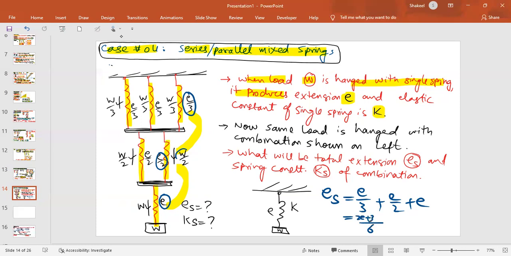So it is 2E plus 3E plus 6E over 6, which is 11E by 6, the total extension. And for the spring constant, you know that spring constant and E are inversely proportional. So it would be 6 by 11 K because they are inversely proportional to each other.